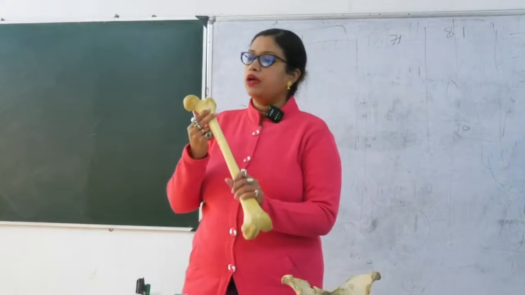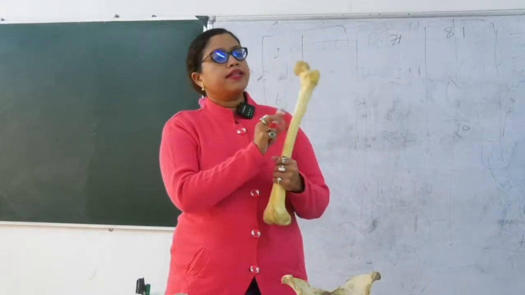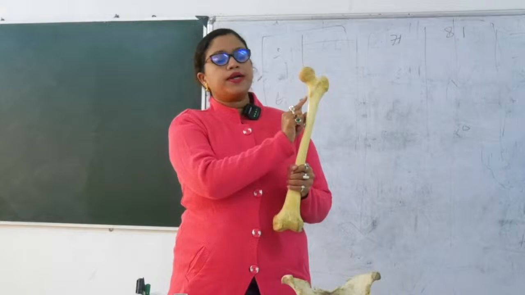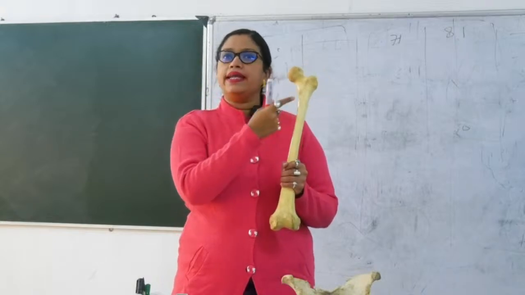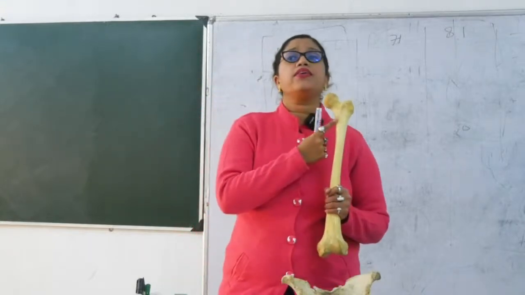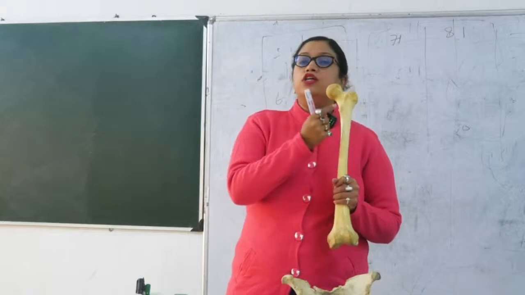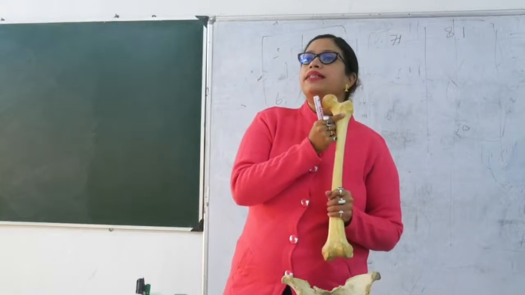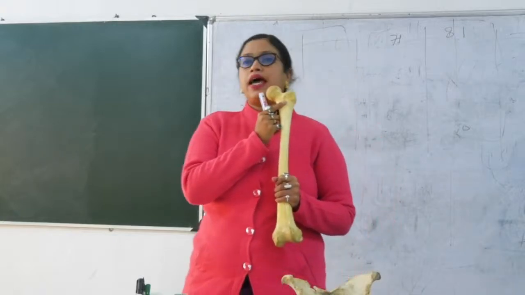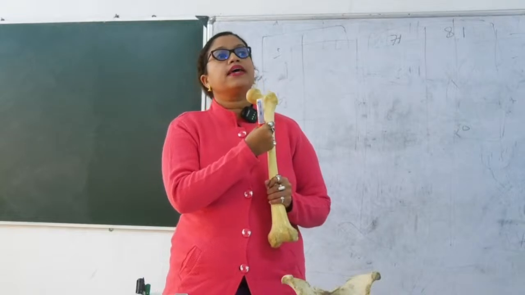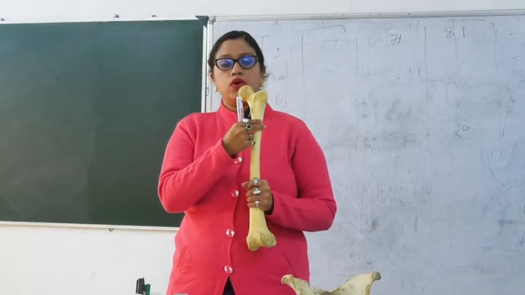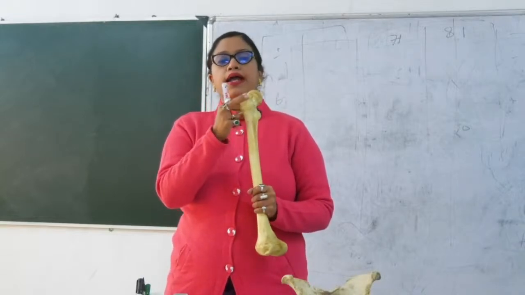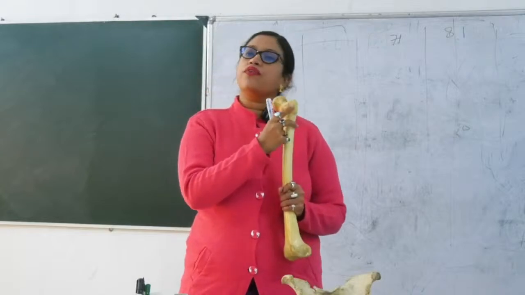So see, there is one thing, this is between the greater trochanter and the lesser trochanter, anteriorly. What is this line called? Intertrochanteric line. So above the intertrochanteric line there is vastus lateralis and below it there is vastus medialis. Okay. So posterior to that, the lateral surface would also be covering this vastus.